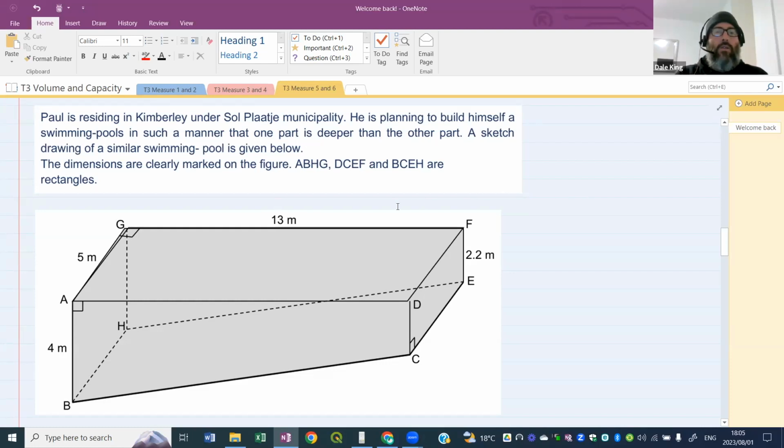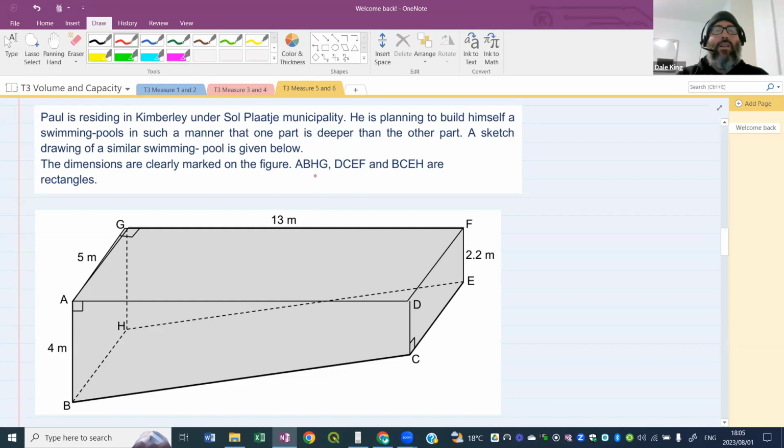Okay, so we've got A, B, H, G. If there are 4 letters, this is a core maths kind of thing, using letters to name shapes. You don't often see this in math literacy. ABHG has 4 letters, so that must be a quad. A, B, H, G. There it is, that quad on the side.